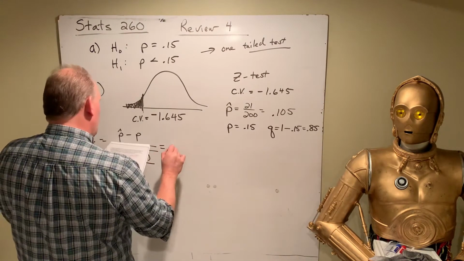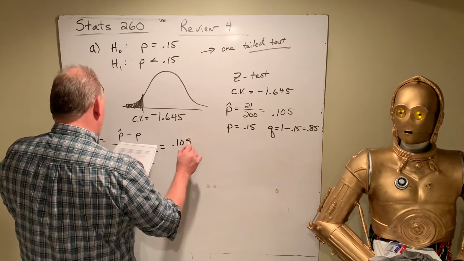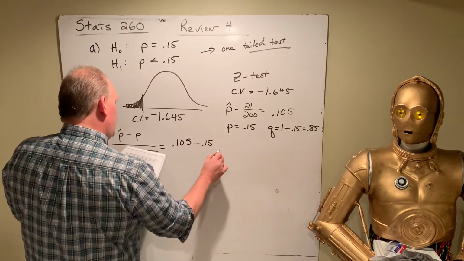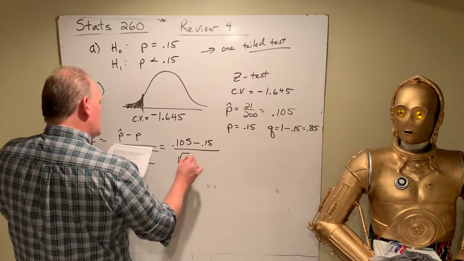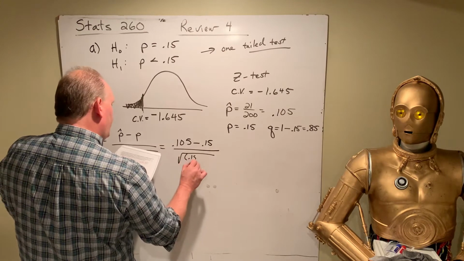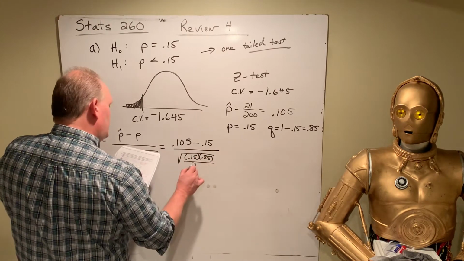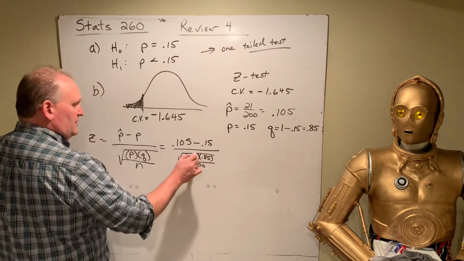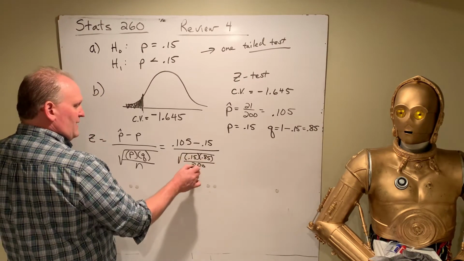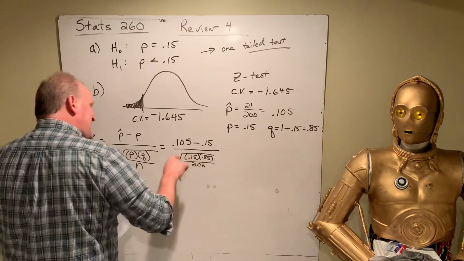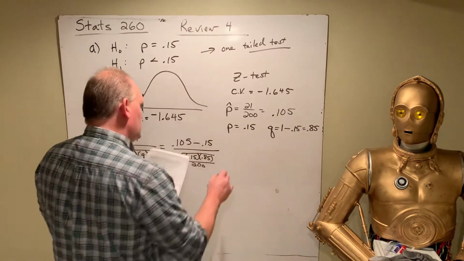All right, so we go 0.105 minus 0.15 over the square root of 0.15 times 0.85, all divided by 200. And then after you do that, you multiply that times that, divided by 200, hit enter, then take the square root of that answer.